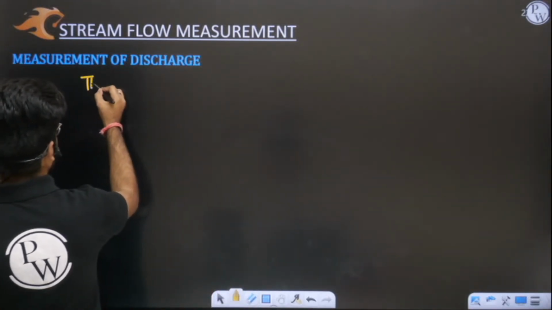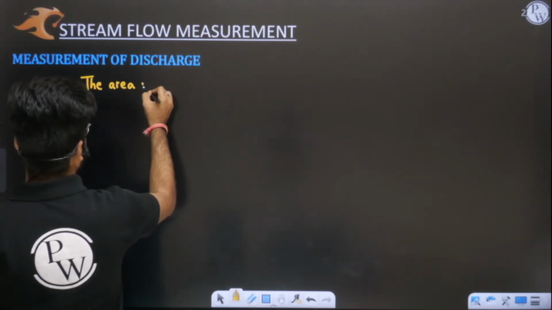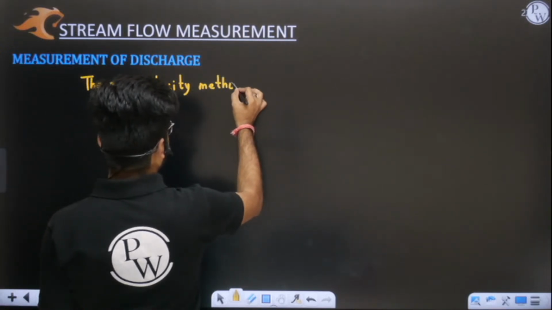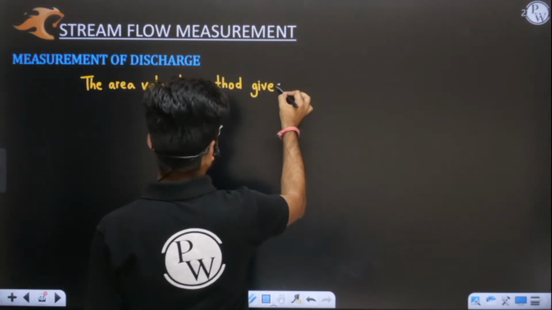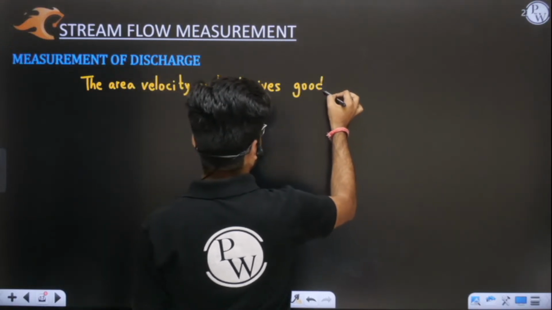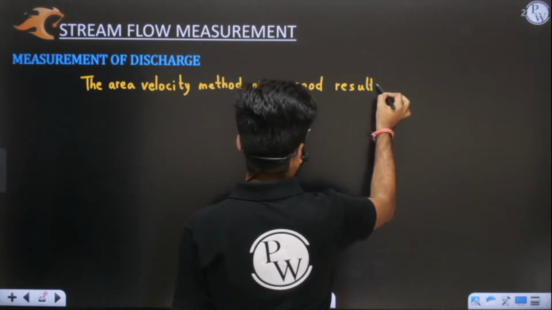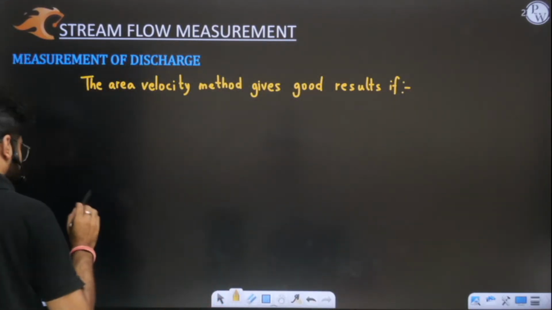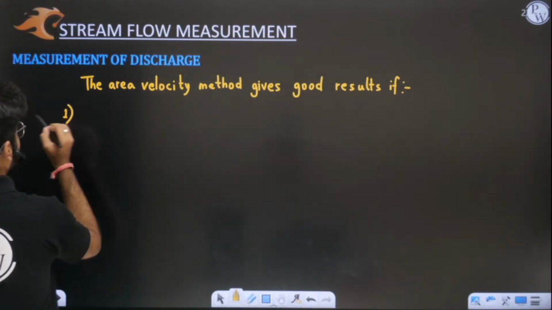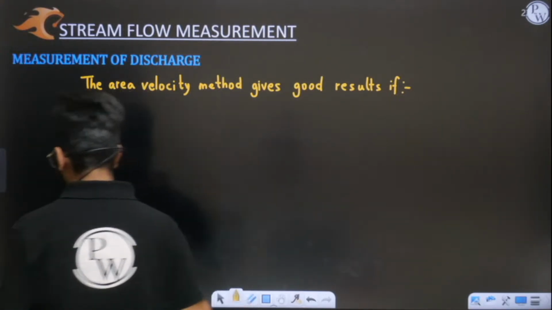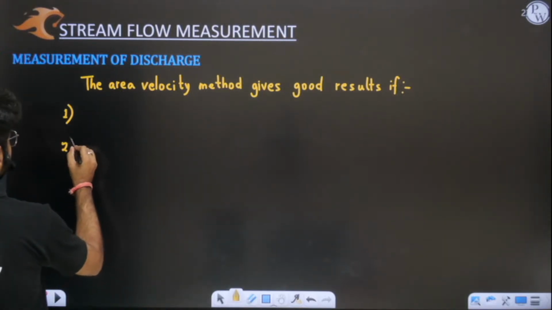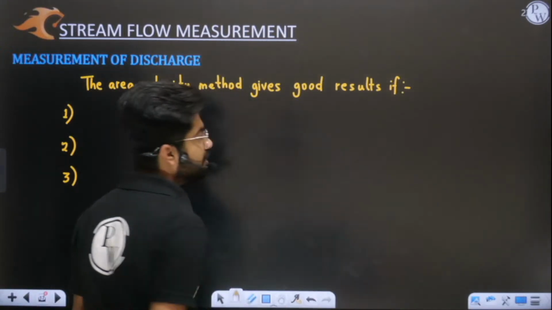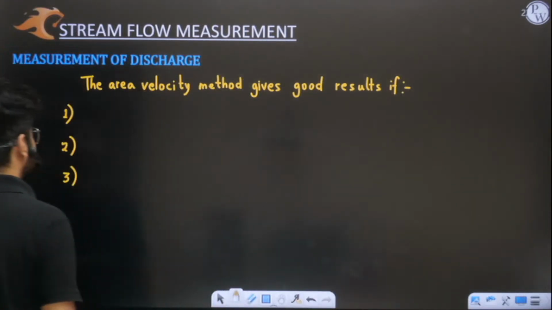The area velocity method gives good results if three recommendations are there. If you want to achieve good results after using the area velocity method, three thumb rules are there. Sir, tell me those three thumb rules.